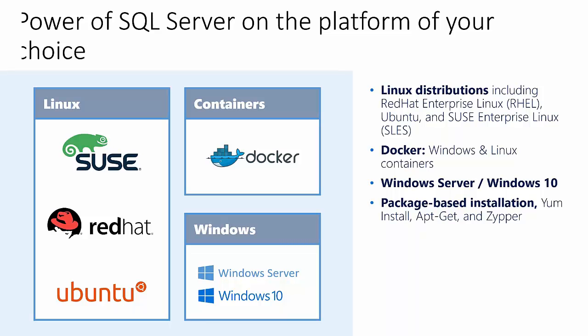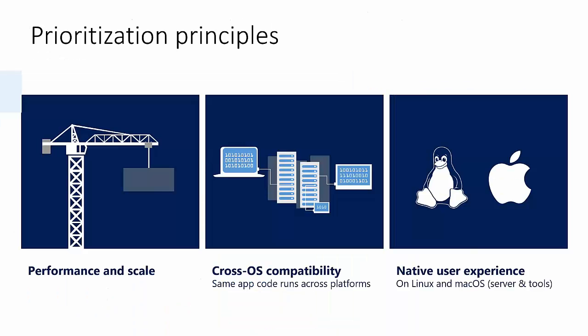Even more, with Docker support, you can run SQL Server on a lot more platforms like Kubernetes and Docker Swarm, Mesosphere DCOS, Pivotal, and so on. As I've mentioned earlier, our goal is to get SQL Server running everywhere and let customers run whatever they choose to.